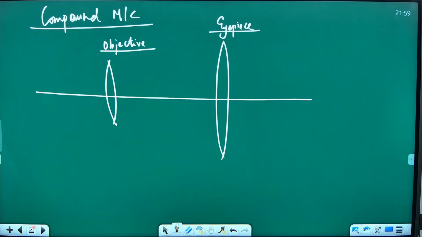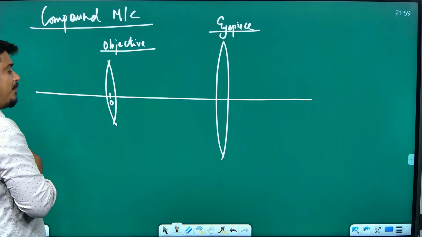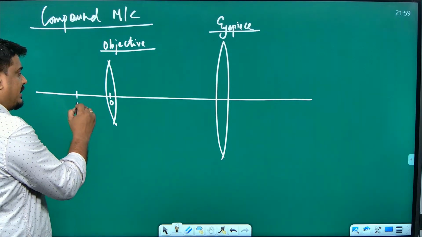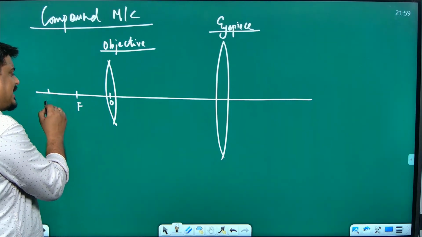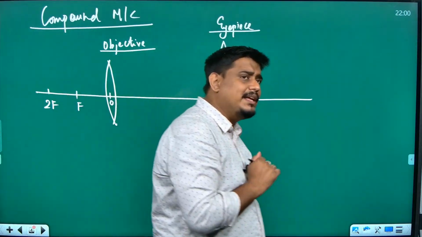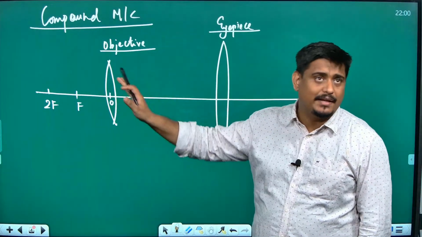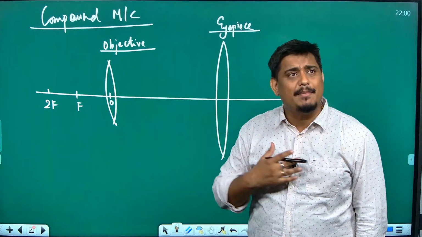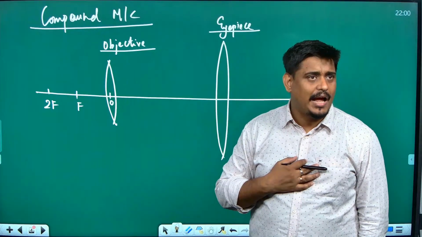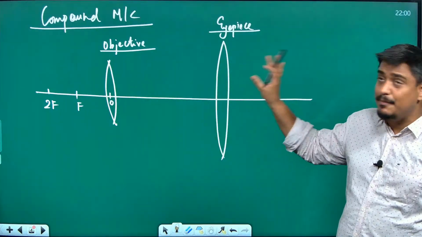Okay. Now what I am going to do? I have to keep my object. Now pay attention. Here, do I need to once again keep the object between O and F? Not needed. You know why? Because whatever image the objective is going to make is not going to be seen by me directly. I hope you get my point. I am going to see the image only through the eyepiece.